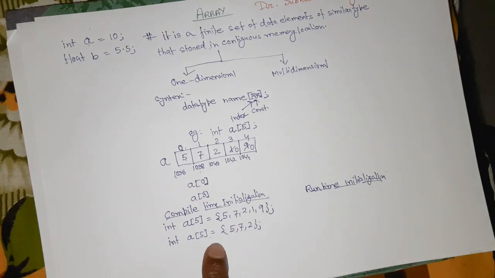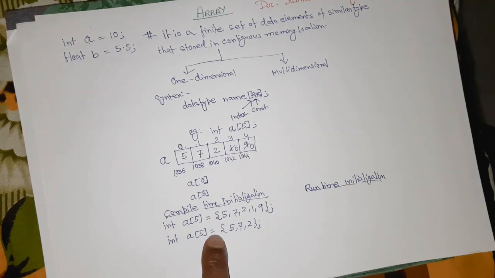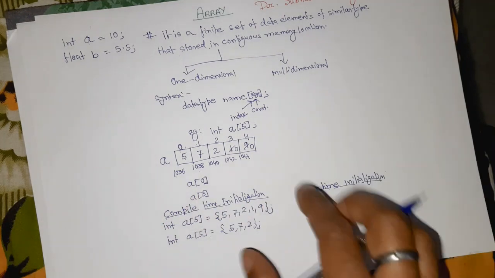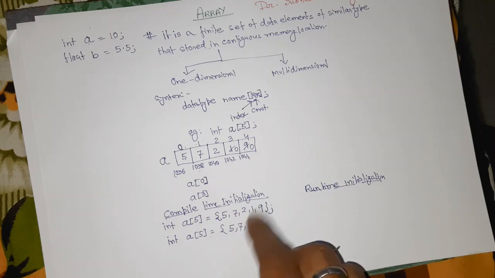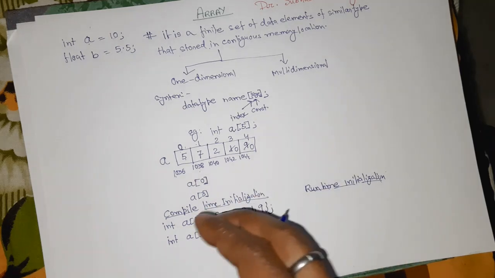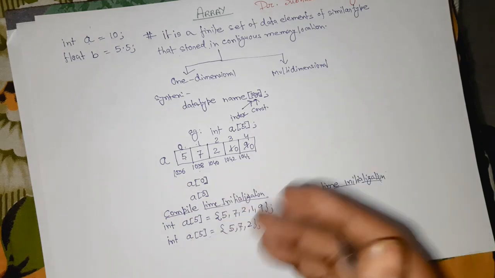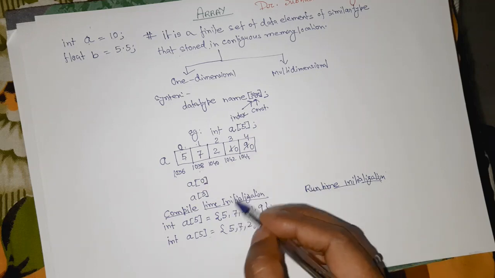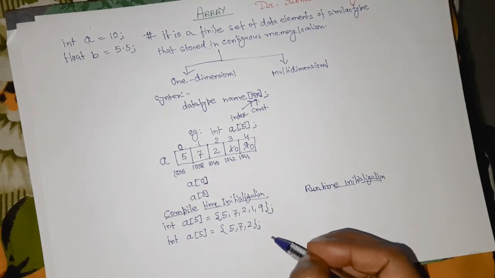This way we can initialize a one dimensional array at compile time, which we have already discussed in the previous lecture, but here we are just wrapping up the previous one, which will help us discuss the next topic, the two dimensional array. So that is how we perform compile time initializations.